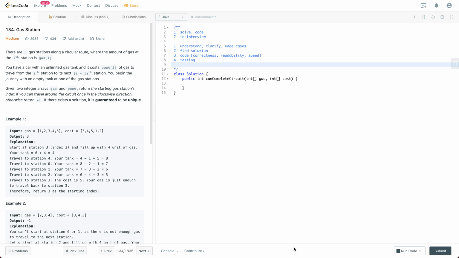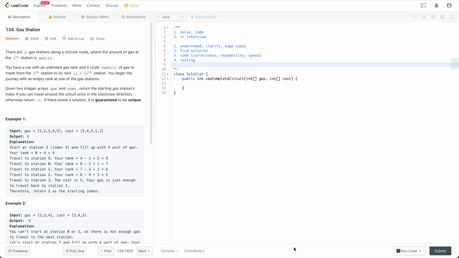There are n gas stations along a circular route where the amount of gas at the i-th station is gas[i]. So we have a 1D array gas which contains the total amount of gas at the gas station i. You have a car with an unlimited gas tank and it costs cost[i] of gas to travel from the i-th station to its next, i plus 1, station.